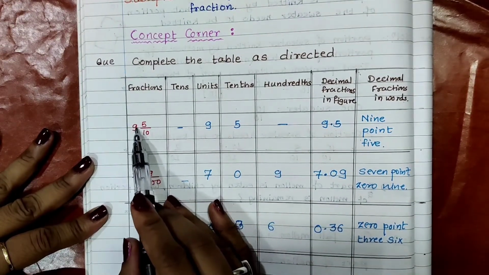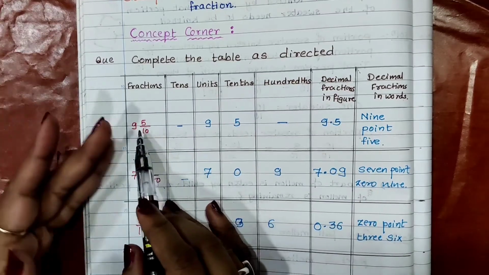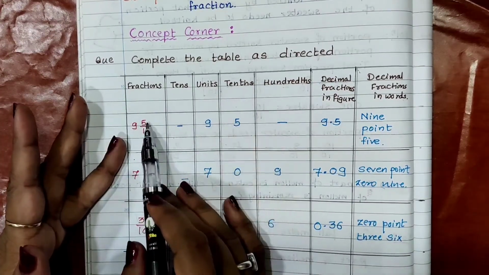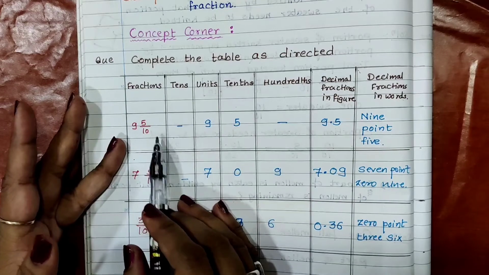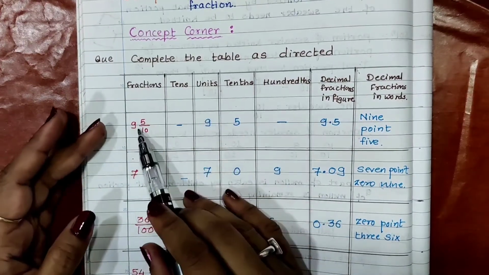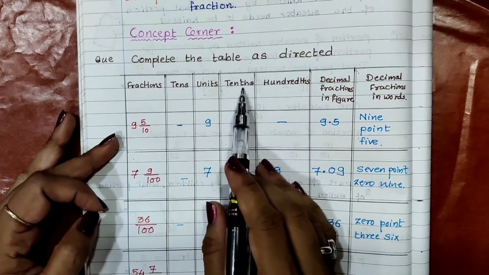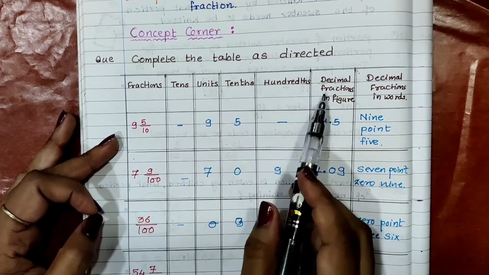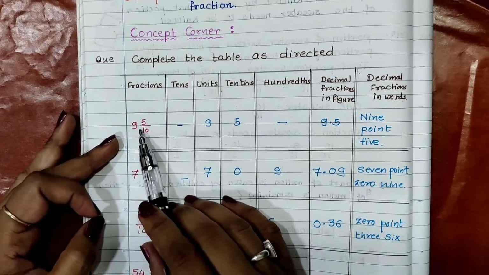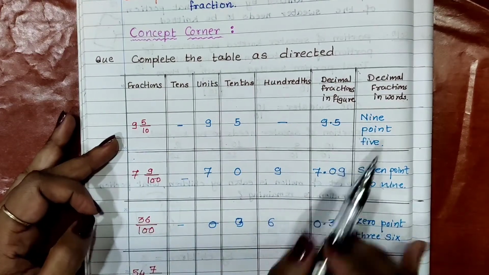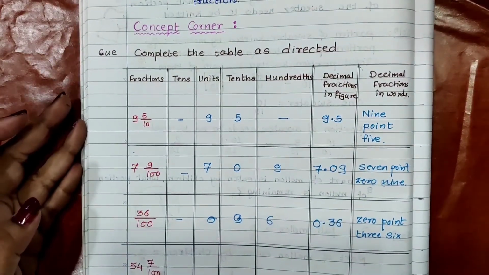So this 9 should be written on the left hand side of the decimal point and on the right hand side there will be 5 upon 10. That means 9 is at the unit place and 5 is at the tenth place. The decimal fraction in figure will be 9.5. In this way we will have to write it.